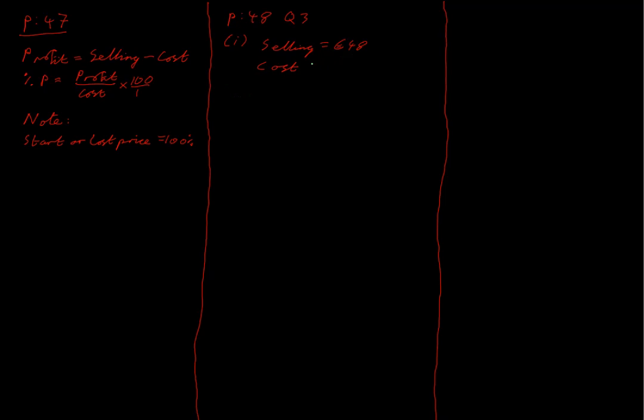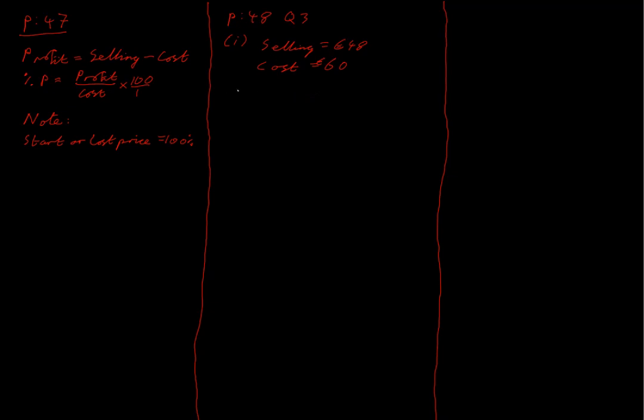That ticket had cost Grace €60. Now she bought 2 of them, but we're only dealing with one of them in part 1 of our question. So €60 was our cost price for the one ticket, and €48 was what she sold it for. And we're looking for the percentage loss, they say in the book.